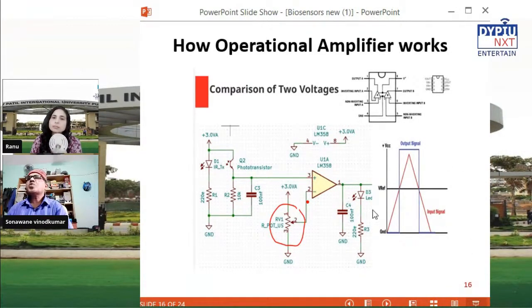So the output will be stable depending upon the time period of the capacitor which you have used as a timer. In this picture, you could see that the 100 nanofarad capacitor is a timer, which will decide the output signal. Okay, next.